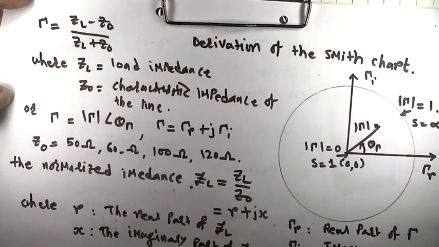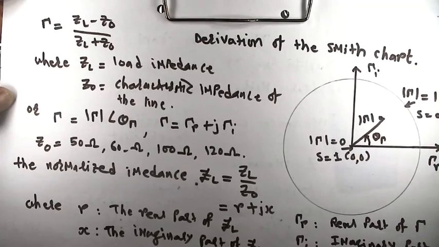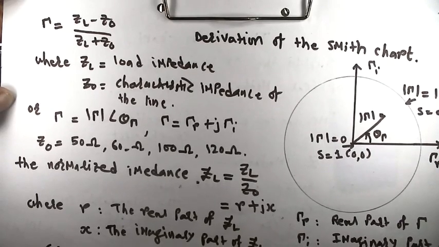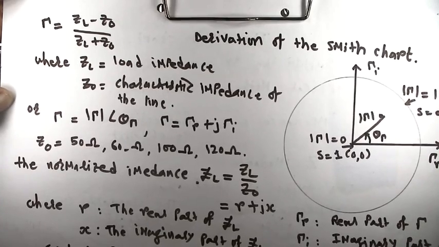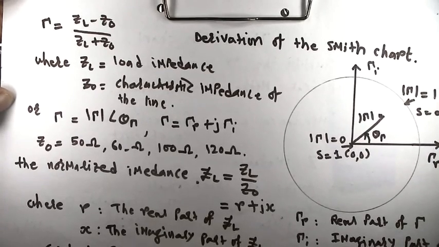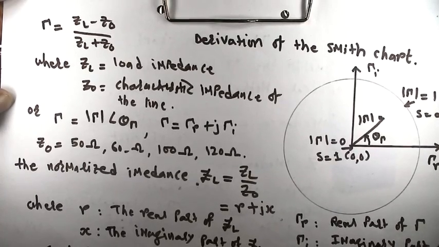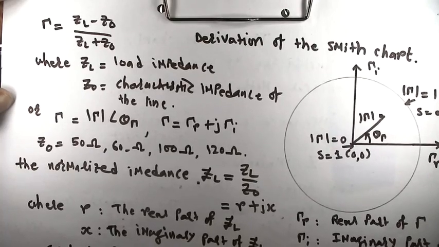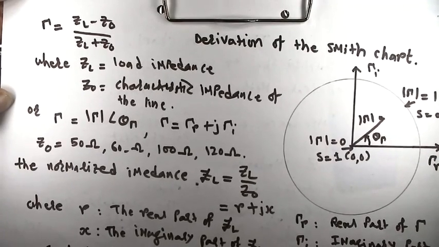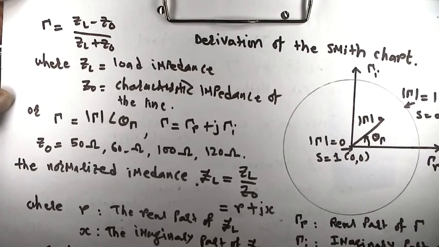So our objective here is to find the constant R circles, which are also called the resistance circles, and the constant X circles, which are called the reactance circles.